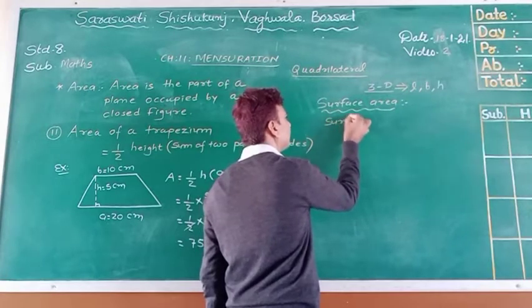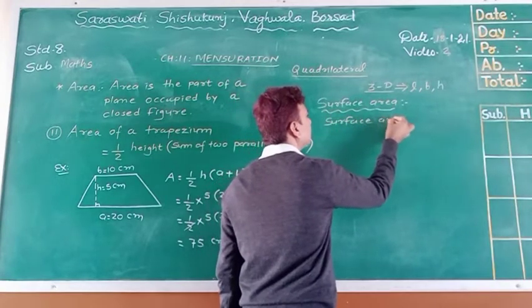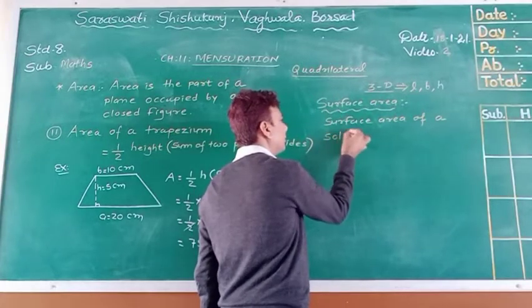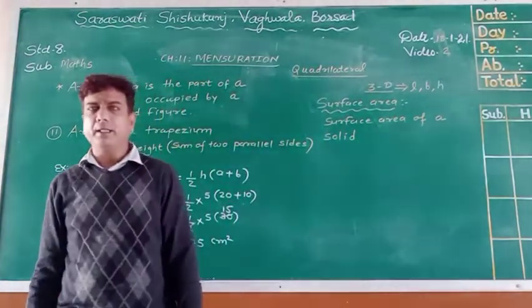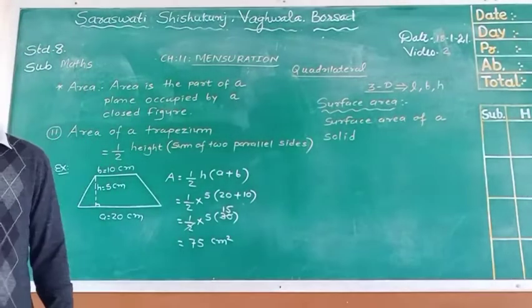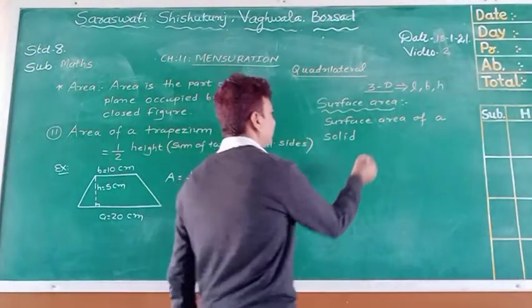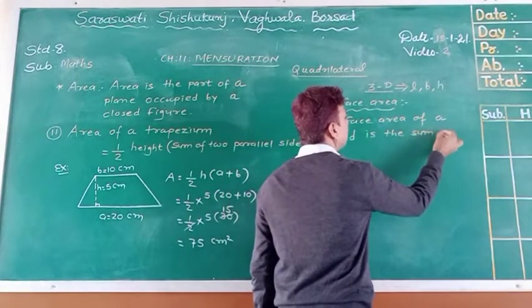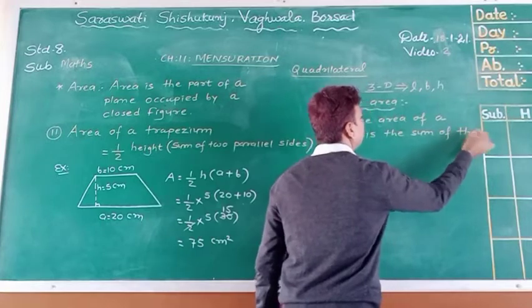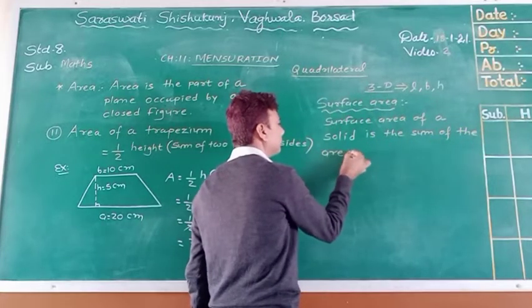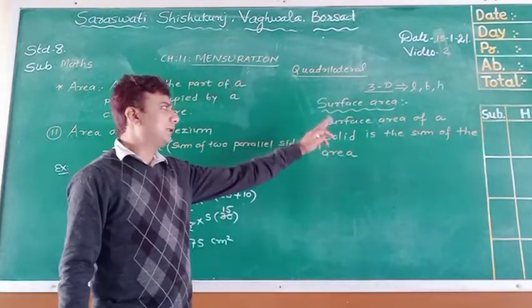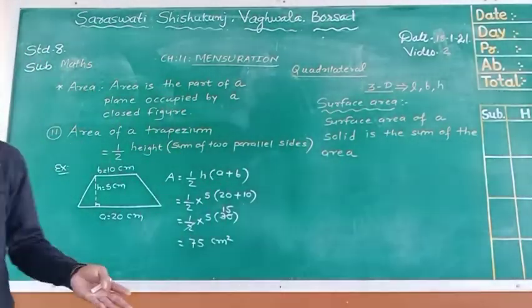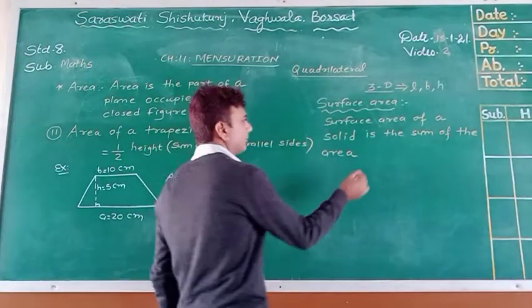Surface area of a solid is the sum of the areas of its faces.